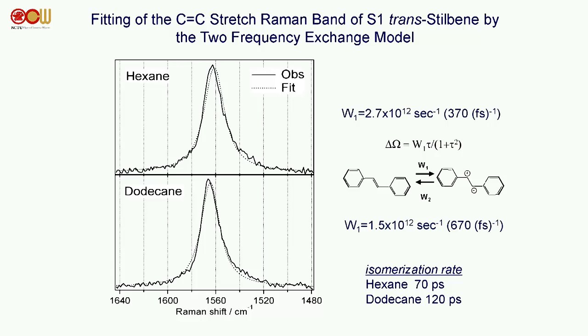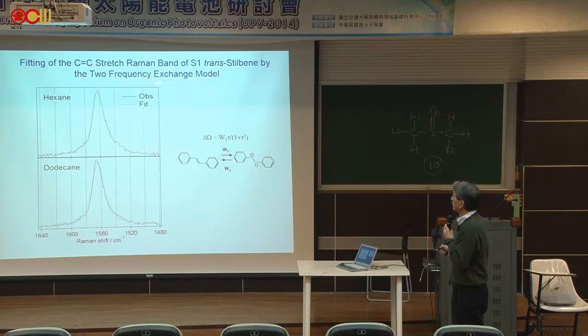By using this model, we are very nicely able to fit the observed band shape with this exchange model. Here I show you the observed spectrum with a full line in hexane, and here we have the same observed spectrum in full line in dodecane. You certainly see there is a peak shift from here to there, and the bandwidth changes.